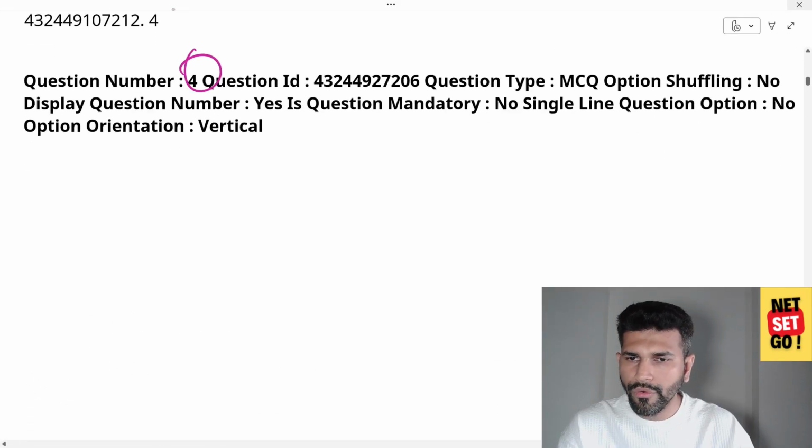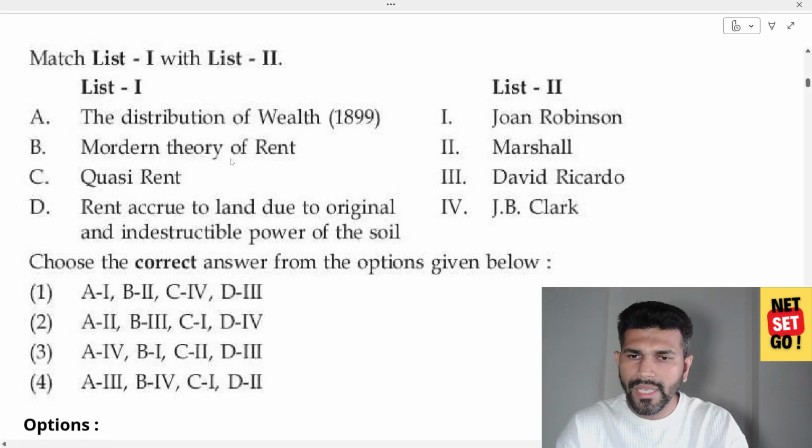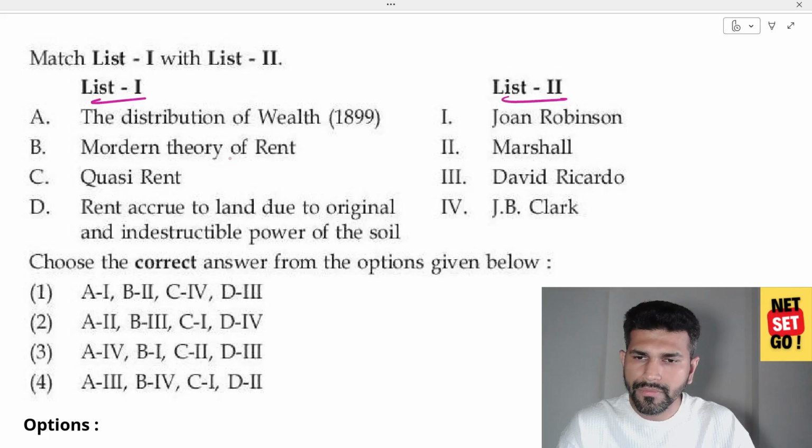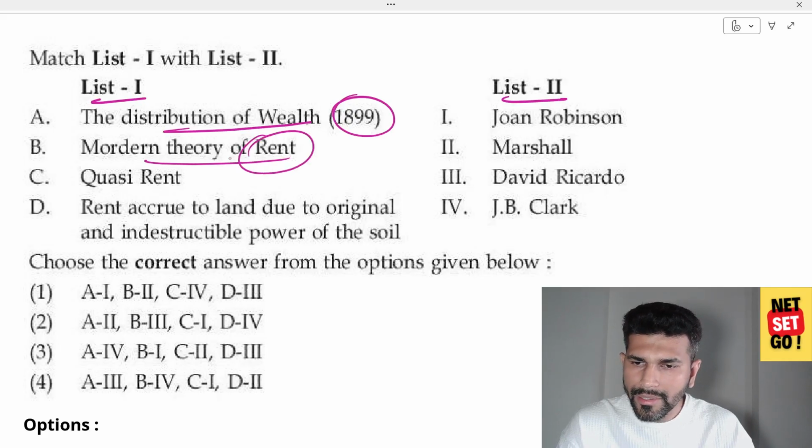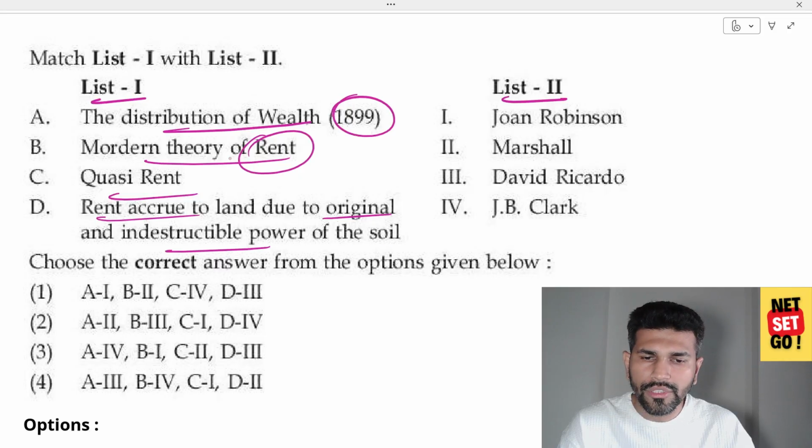Next, question number 4. Match list 1 and 2. Distribution of wealth in the year 1899. This concept was provided by whom? Modern theory of rent, quasi-rent, rent accrued to land due to original and indestructible power of the soil.